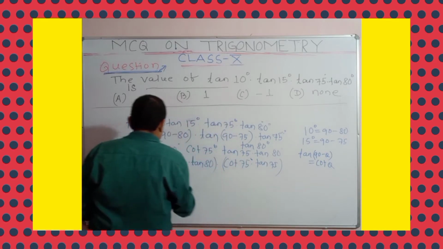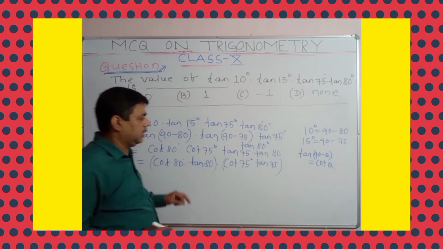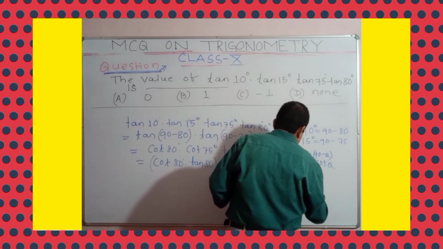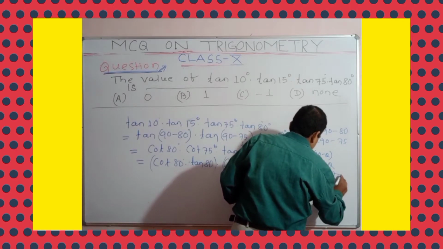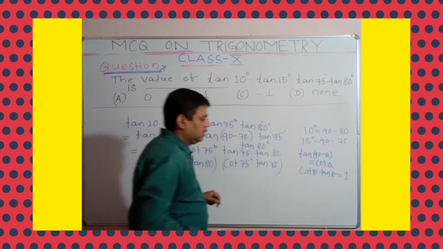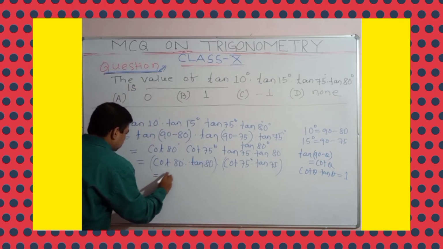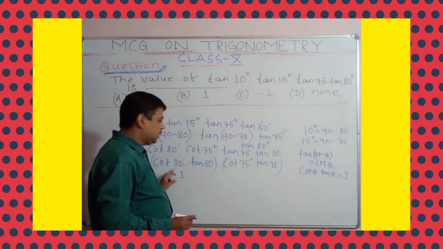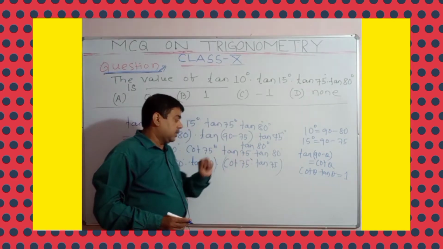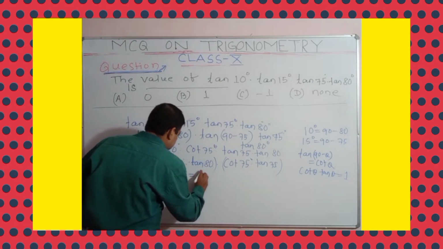Yes or no? You know cot theta is the reciprocal of tan theta, so cot theta into tan theta value is 1. Cot 80 degree into tan 80 degree is 1, and cot 75 degree into tan 75 degree is 1. So the required value is 1.